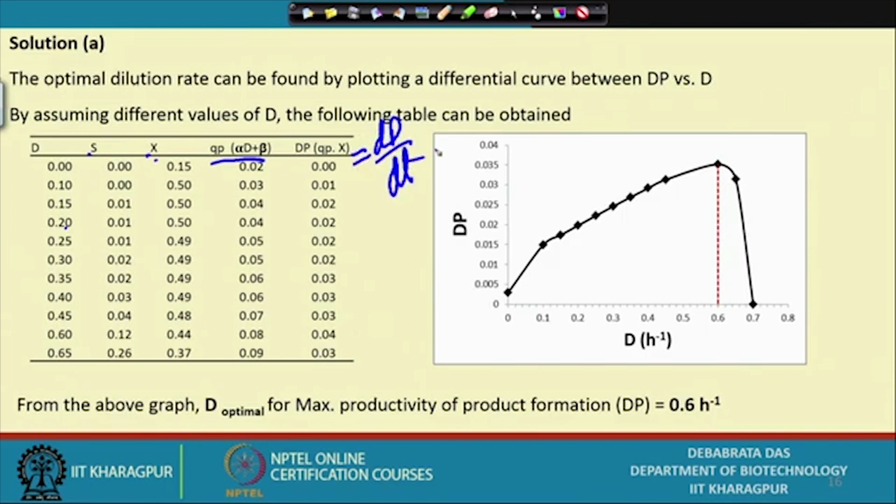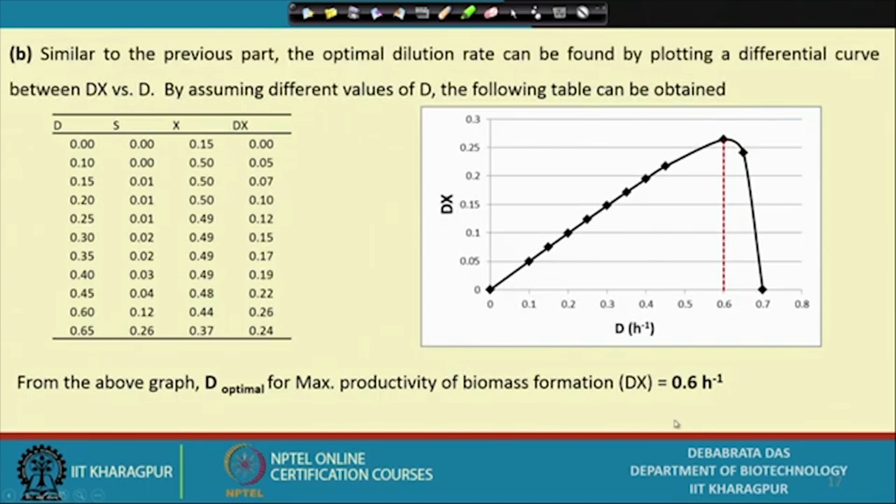Am I right? Now if you plot dP by dt versus D, we will have this kind of plot. At this dilution rate you will get the maximum rate of product formation. So we can easily find out the optimum dilution rate at which you will get the maximum rate of product formation.